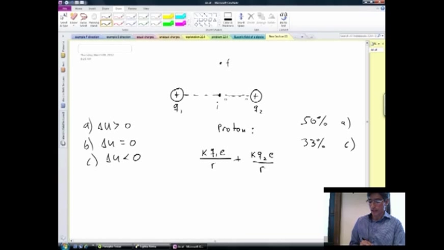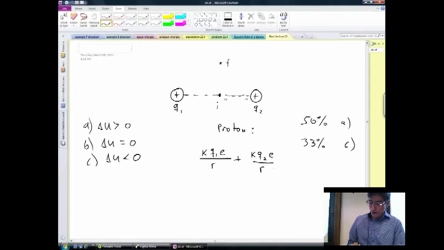Let's say that we're midway, halfway between them. That is the interaction potential energy between the proton and 1, the proton and 2. There is a term missing here, which is the interaction energy between 1 and 2, right? But that's not changing just because I moved the proton. That remains the same, right? So I can just ignore that because I'm looking at the change in potential energy of the system.